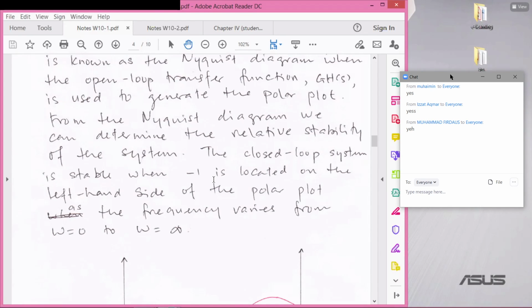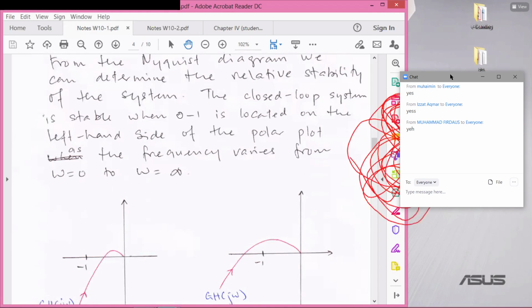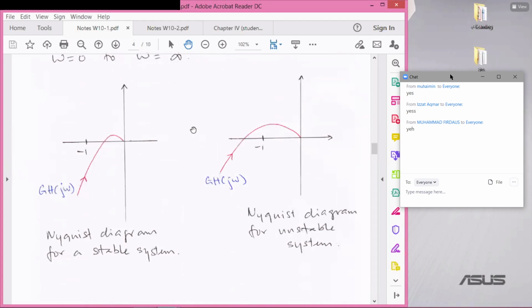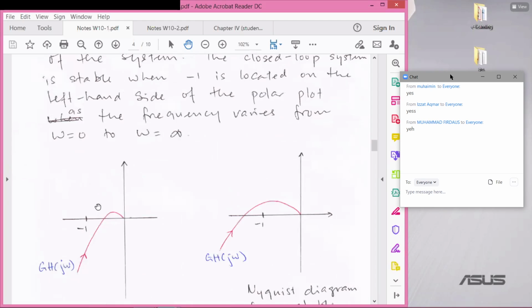So first of all, how do we know from the frequency response plot, from the Nyquist diagram, whether the system is stable or not? We look at this point -1 on the complex plane diagram. When you plot the Nyquist diagram, you get this red line as the frequency increases from 0 to infinity.